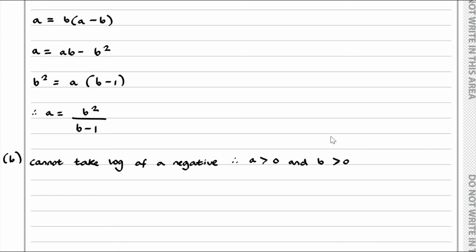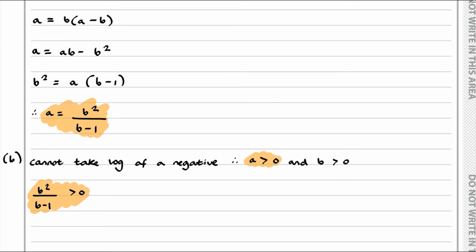Okay, so having said that, we already know what A is. We've worked it out over here. So in other words, because A is greater than 0, we have B squared over B minus 1 being greater than 0, because remember, this all here is what A is.